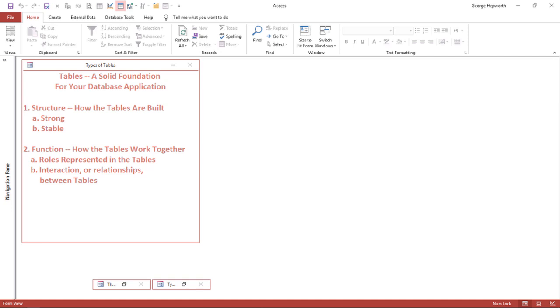Lookup tables, for example, are an excellent way to supply a standard list of options for a particular attribute or characteristic of a particular entity. So we also have to look at tables in terms of the roles that they represent. And in addition to that, we have to understand the interaction or the relationships between those tables.